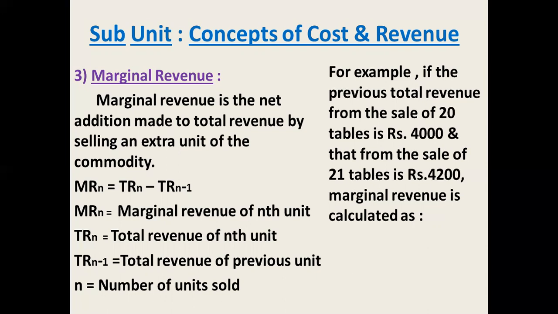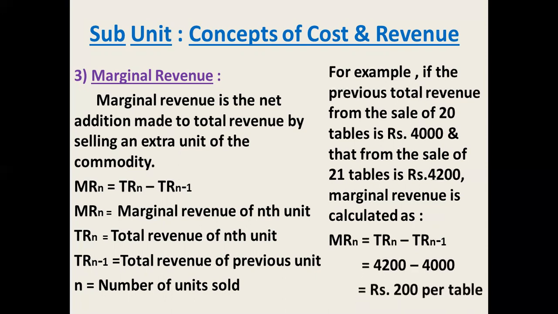So we calculate the marginal revenue: 4,200 minus 4,000. MRn is equal to TRn minus TRn minus 1, where TRn minus 1 means the total revenue of previous units.